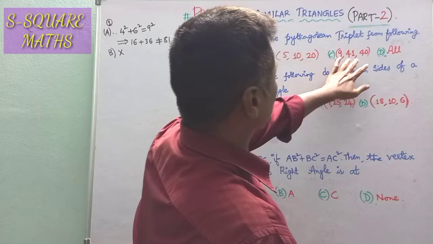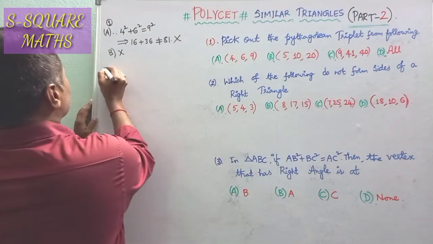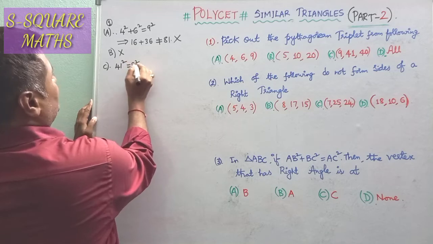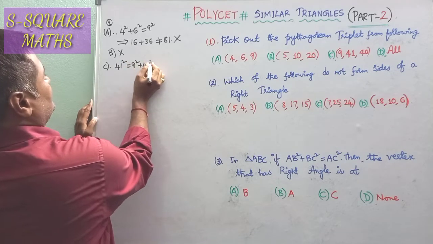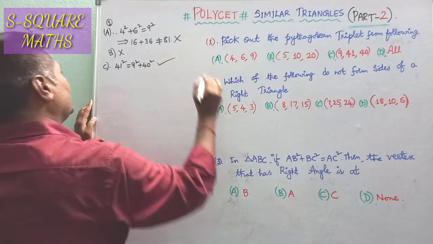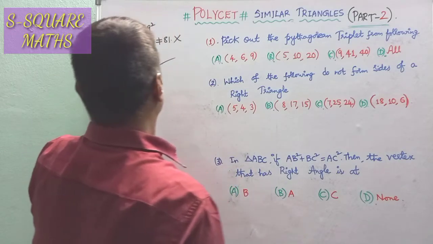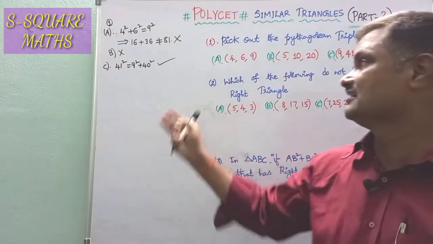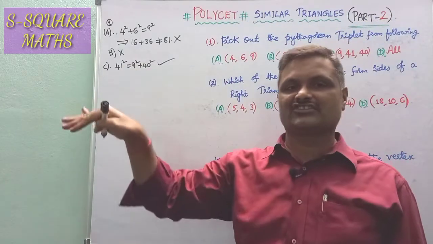Option C, let us check now: 41 square is equal to 9 square plus 40 square. So you will get this if you check it. 9 square is 81 and 40 square is 1600. So finally 41 square is equal to 1681.